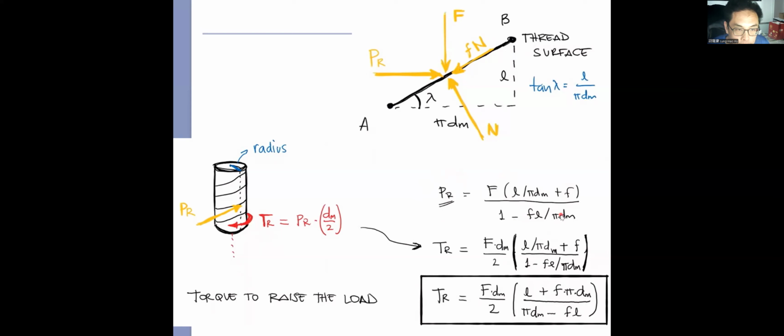So the torque equals PR times the radius. We get the torque to raise the load.